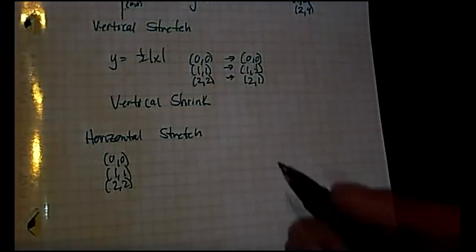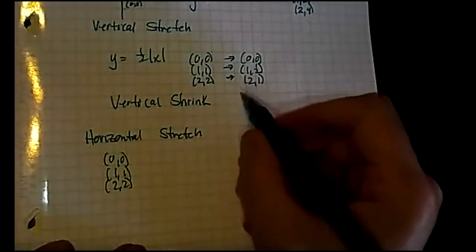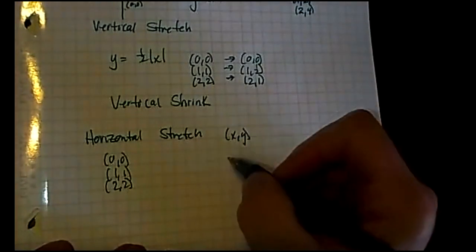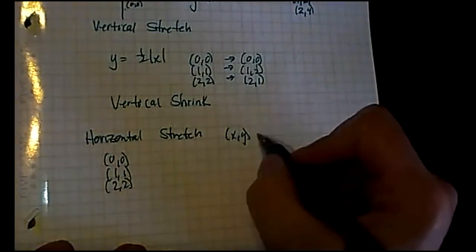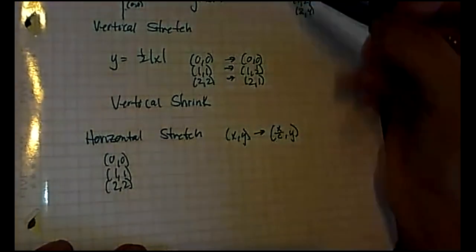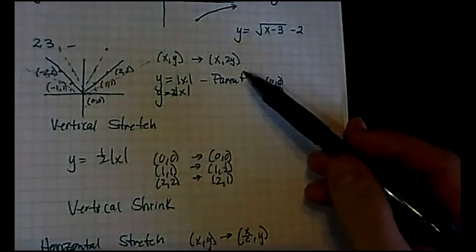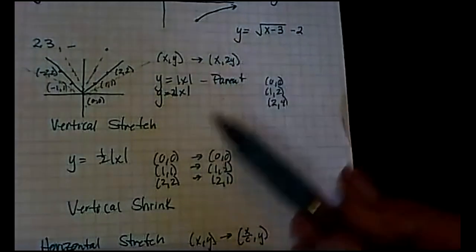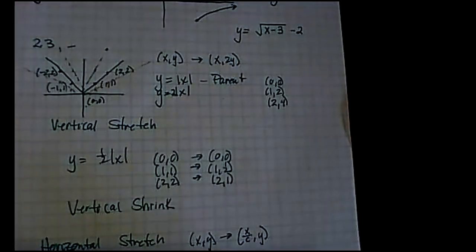A horizontal stretch means we take our ordered pair and divide the x value by whatever that constant is. Up here, we multiplied the y value because it was vertical. Now we're horizontal, so we're dealing with the x value. When you do horizontal stretches and shrinks, you divide the x value.